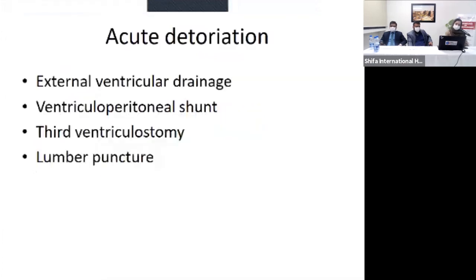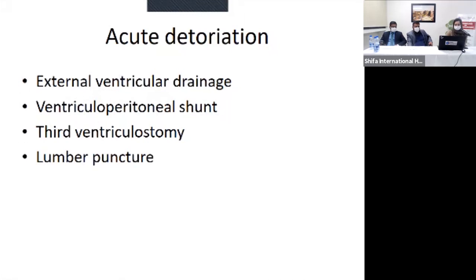For the management of hydrocephalus, patients who present acutely can be treated with an external ventricular drain. Other options include ventriculoperitoneal shunt, third ventriculostomy, and lumbar puncture. Lumbar puncture could be done only in patients with communicating hydrocephalus, and not in any obstructive cause of hydrocephalus.